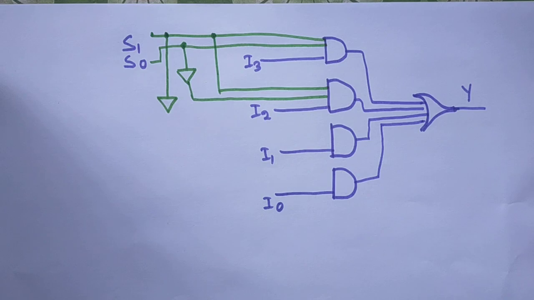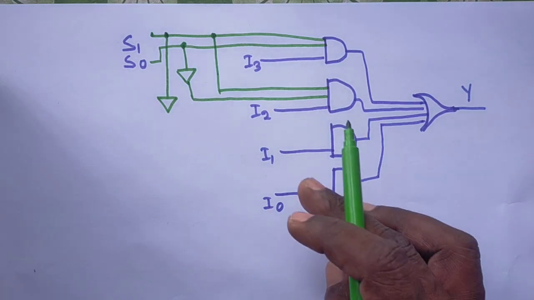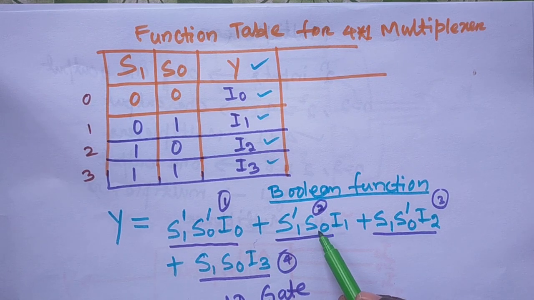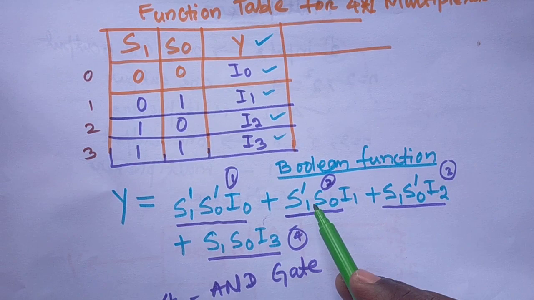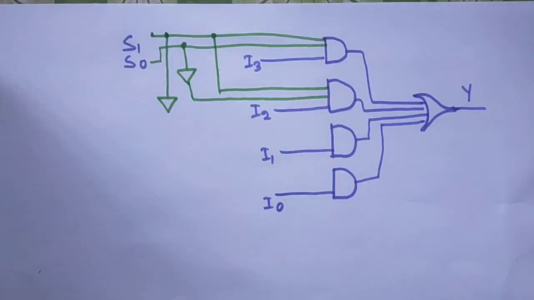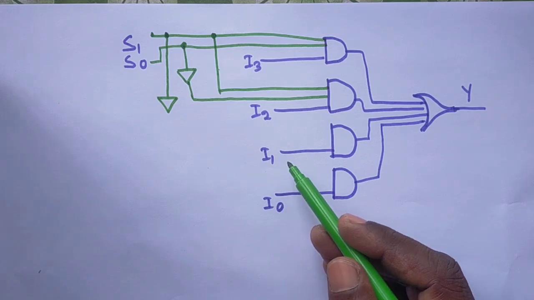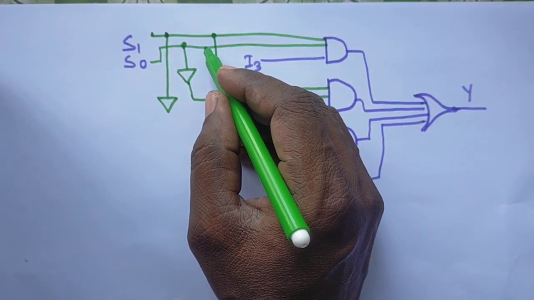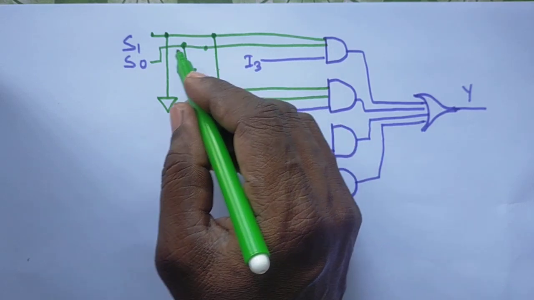And similarly, whenever we go through I1, here I1, that is S0 simple, without complement, and S1 complement. So S1 complement and S0 simple for I1. Here I1, S0 simple. So S0 simple means, you see, another one is here.